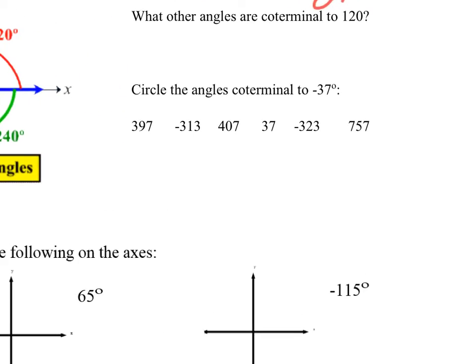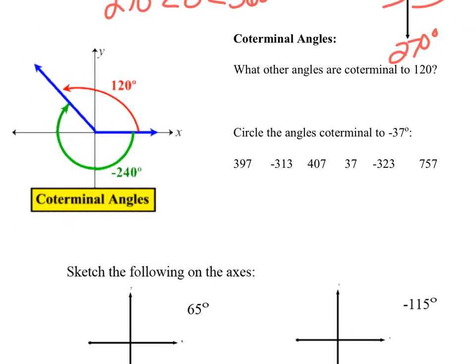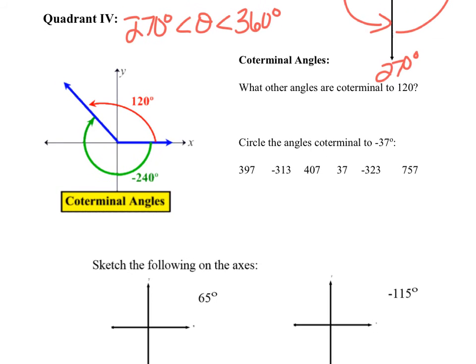Alrighty. So then we have to discuss coterminal angles because it's an important concept because, as I have been alluding to, if you have one angle here, like 120, it could also be, if we go the other direction here, negative 240. Or you could go around in a circle a few times and then go back there.